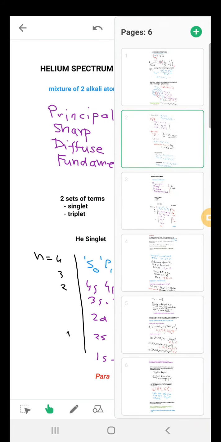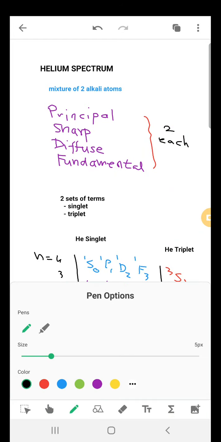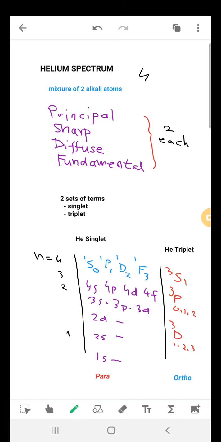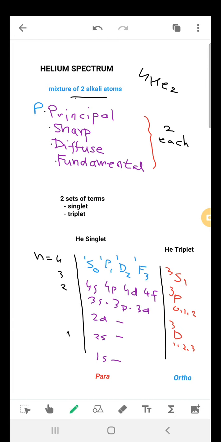Now, if we go on to the helium spectrum, we can consider helium as a mixture of two alkali atoms, and we get four types of series, that is principal, sharp, diffuse, and fundamental, called P, S, D, and F, for each of these two alkali atoms.